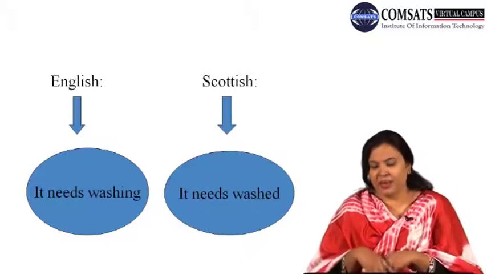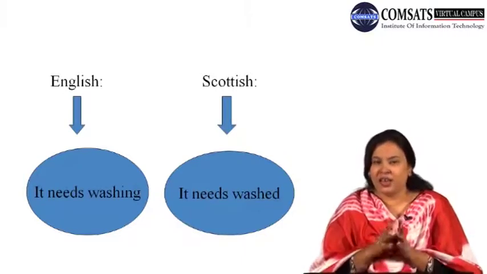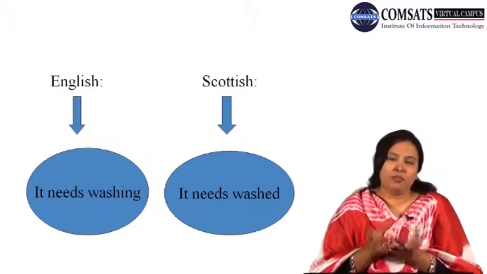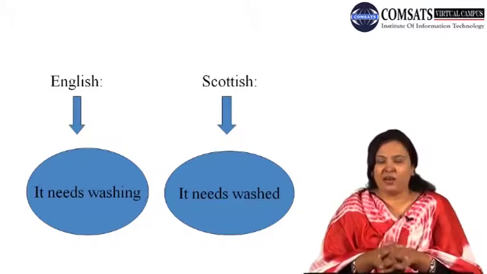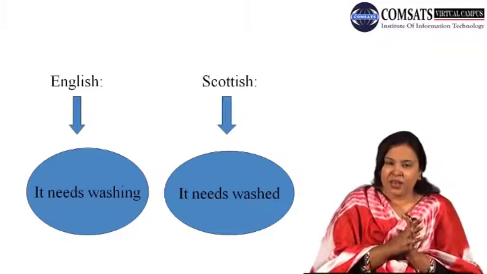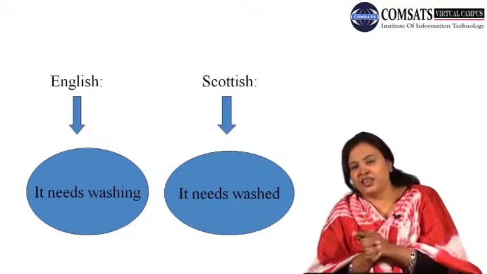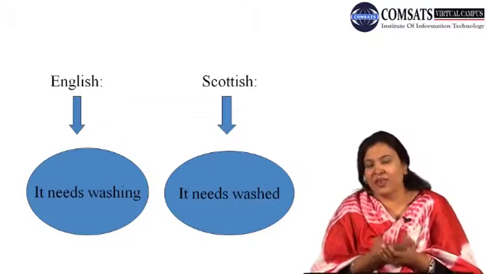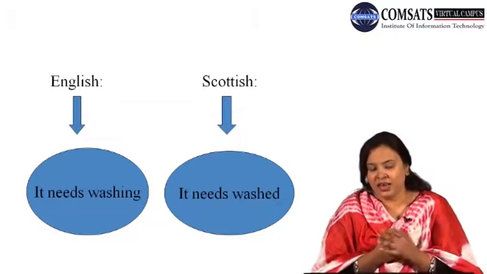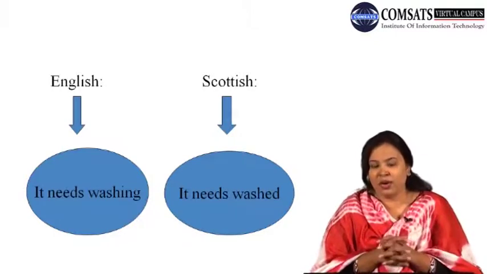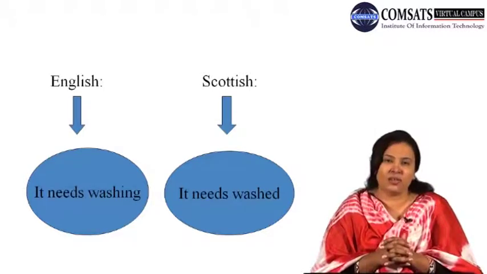Again, I have another example, English and Scottish. In Scotland, English is the standard language, but in England, the English people have a different language. In Scotland, the people have a different variety of English. The English people belonging to England would say it needs washing.